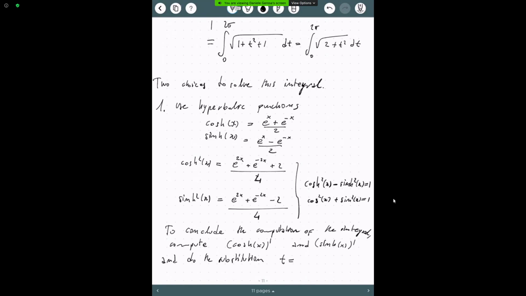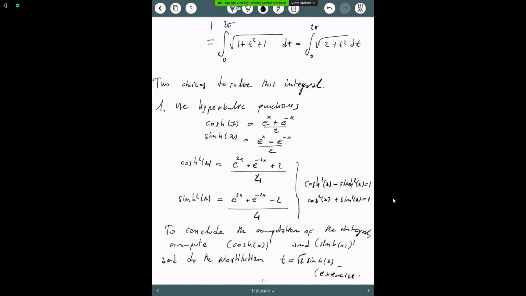It should be t equal to something like, in our case, the square root of 2 times sinh. So you get rid of the 2. Okay, so this is left for you as an exercise.